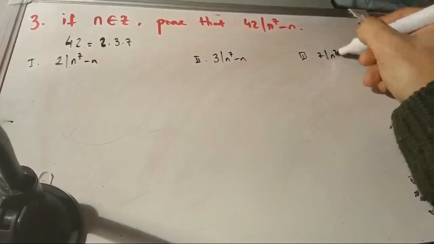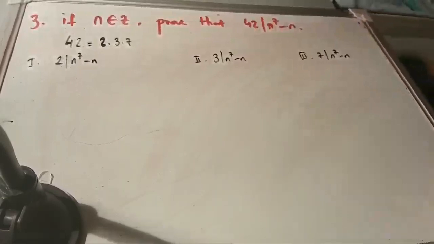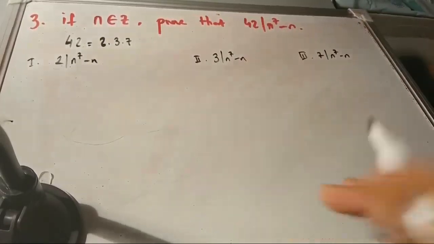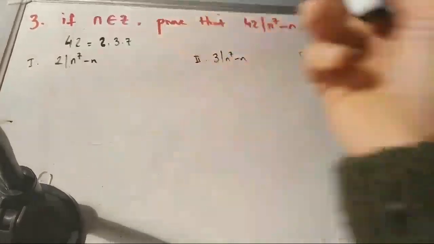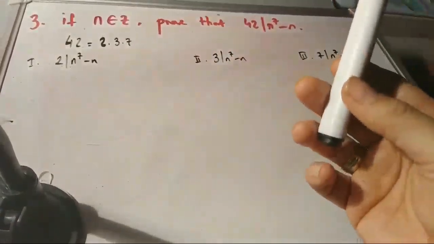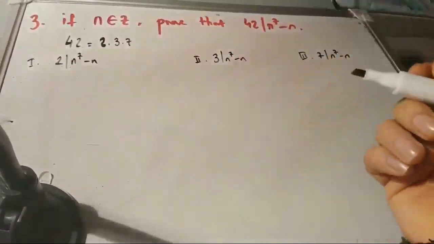Okay, and after that, we are just going to follow simple procedures. So n to the power of 7 minus n is divisible by 2, we will get a remainder of 0.